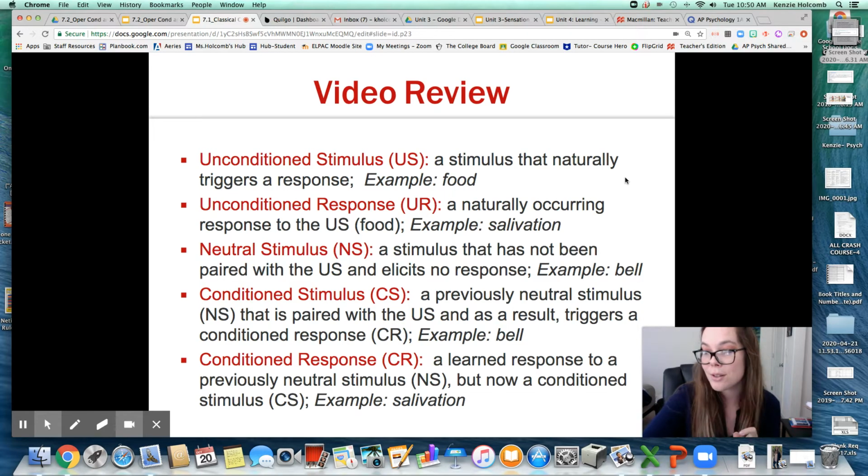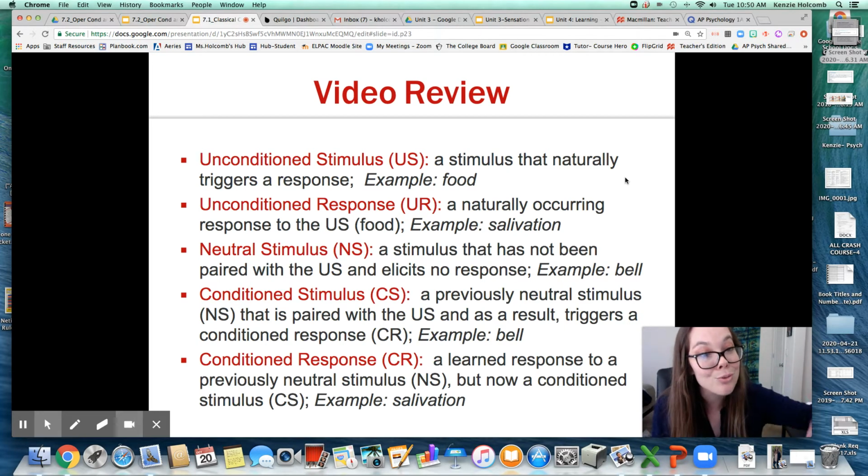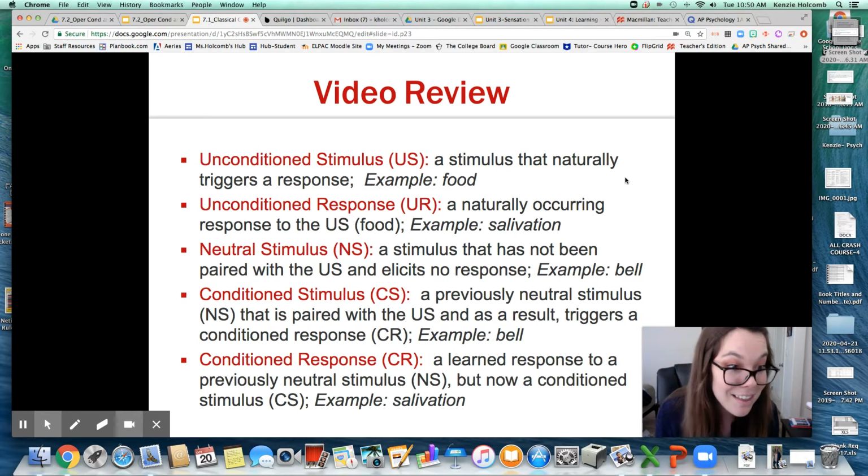Let me give you another situation. I had a friend's dog that was conditioned so that if anyone was in the kitchen, he would sit by the door of the kitchen and start to drool. He wouldn't even see any food, but if people were moving around in the kitchen, that was the conditioned stimulus that he learned, because he learned that the result might be food in the end, right?